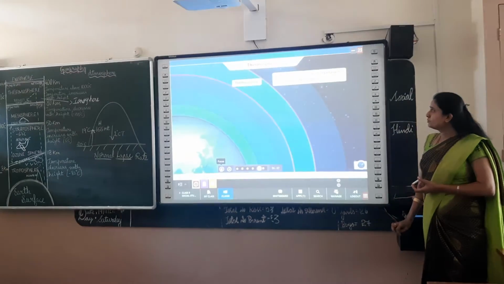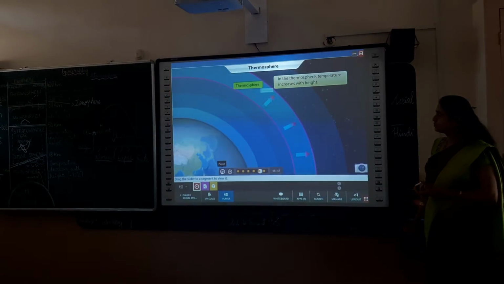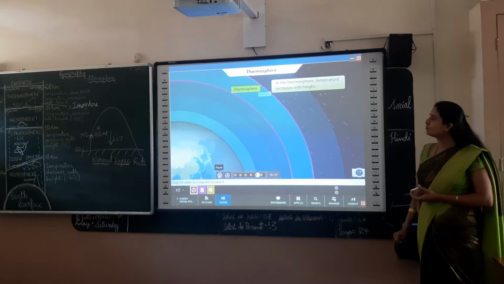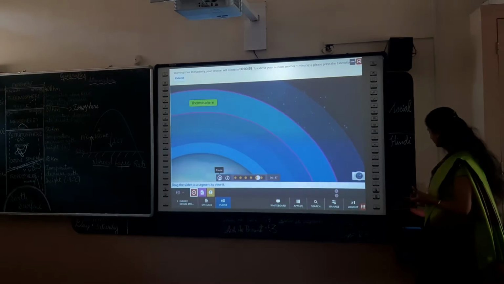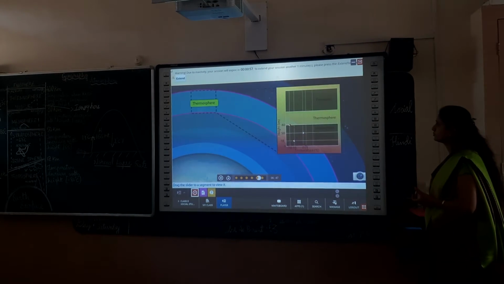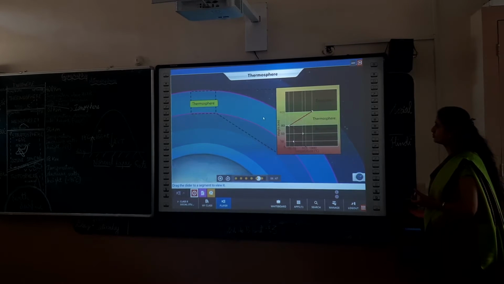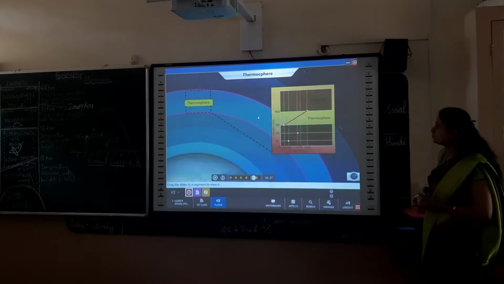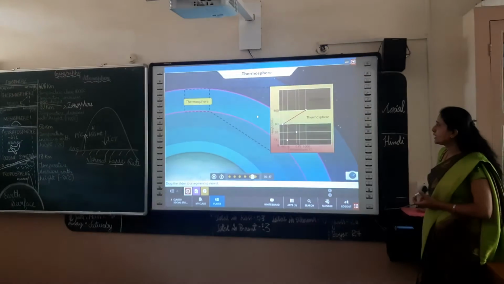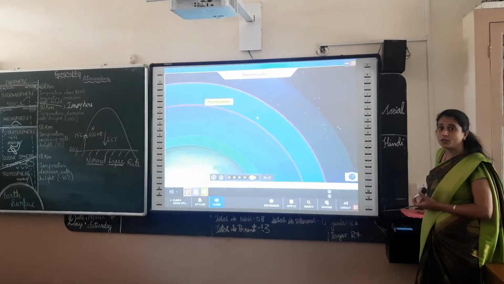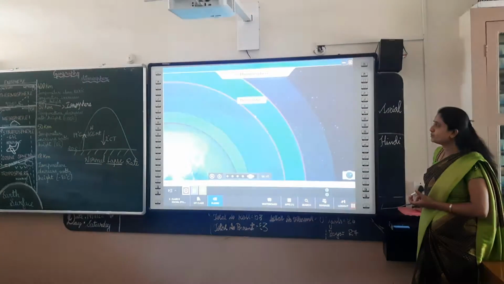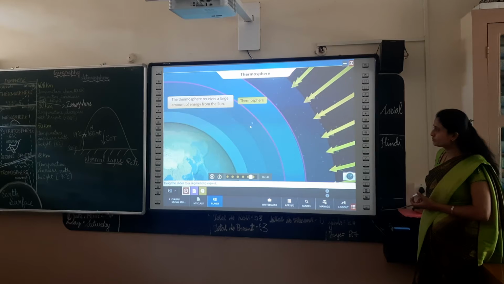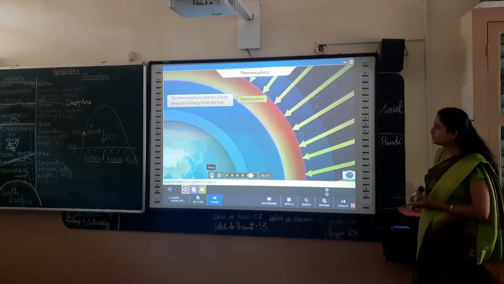In the thermosphere, temperature increases with height. Like in the stratosphere, we can observe this climatic condition here. This is because the thermosphere receives a large amount of solar energy.